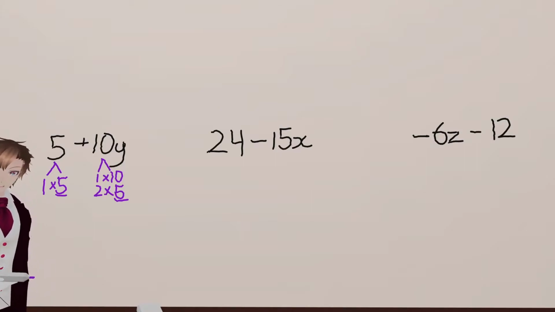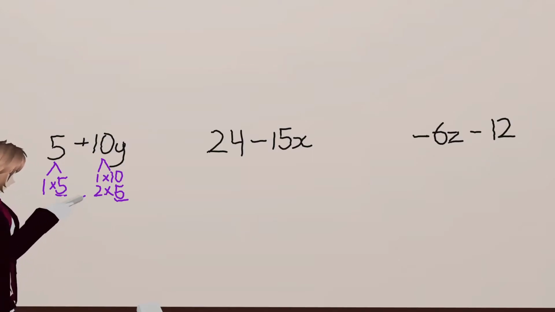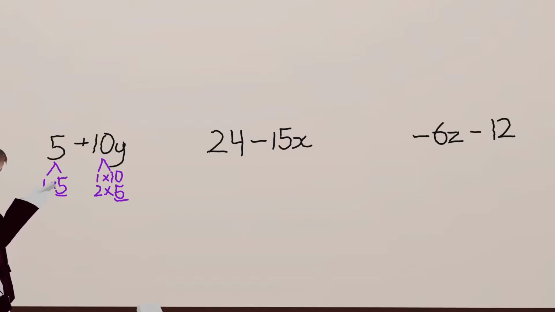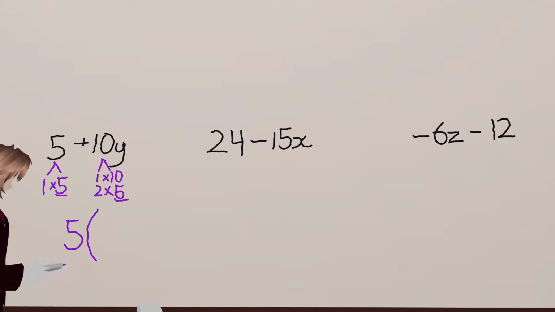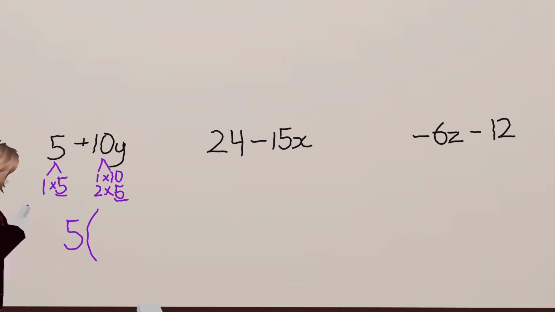Now we're going to write that 5 outside the brackets and write what's left. What's left is the number that pairs with our highest common factor. So here we have 5, and we're going to take our 5 outside the brackets, and then the pair of that 5 is a 1.